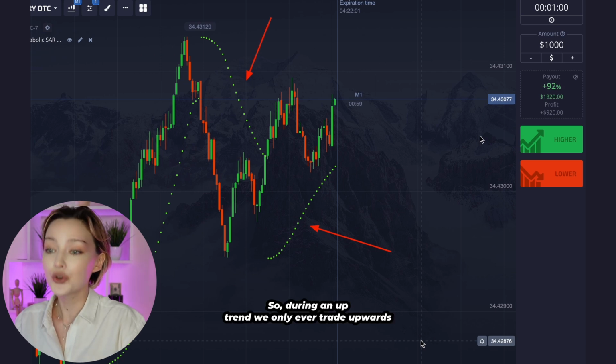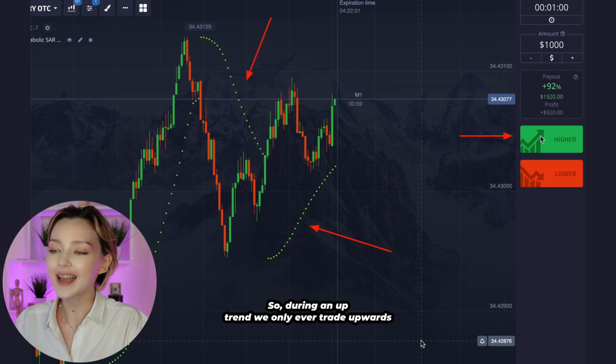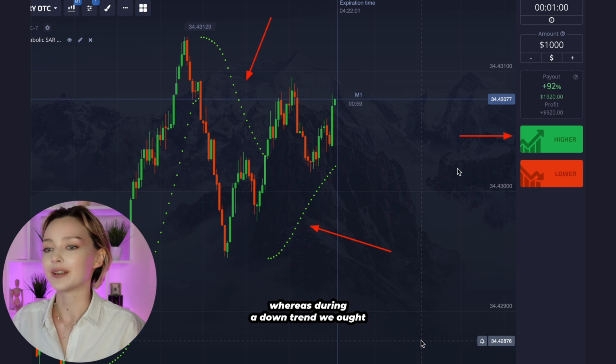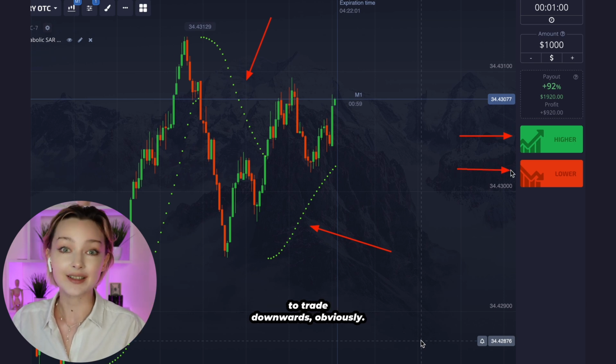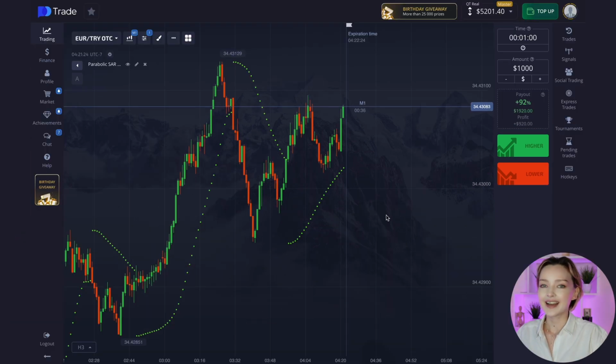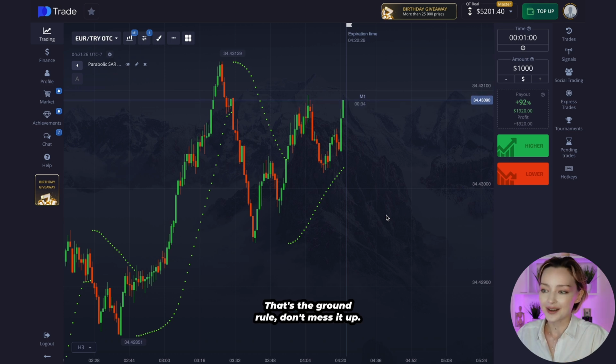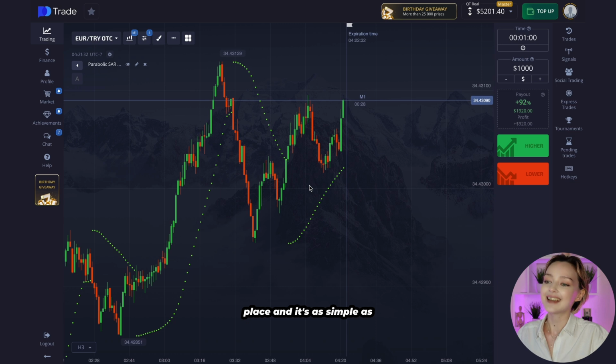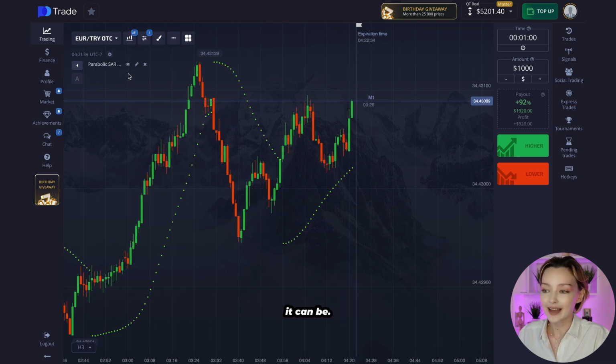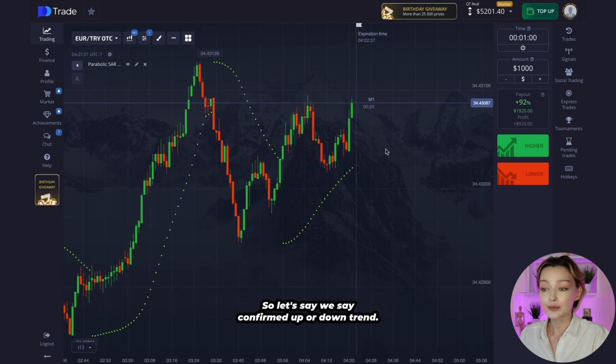During an uptrend, we only ever trade upwards, whereas during a downtrend, we trade downwards. Obviously, that's the ground rule. Don't mess it up. I'm sure there's nothing to mess up, and it's as simple as it can be.